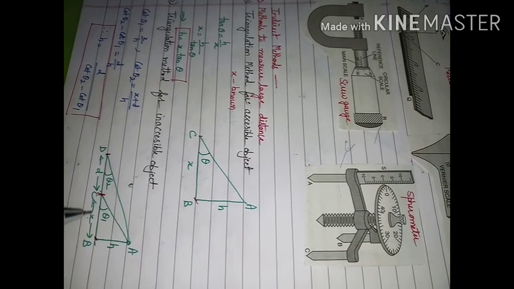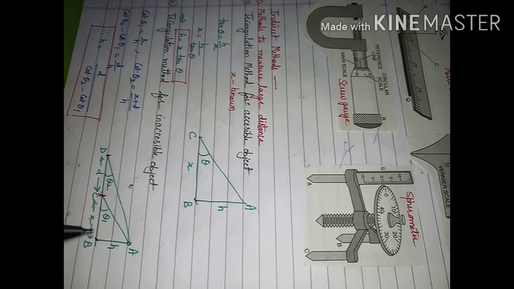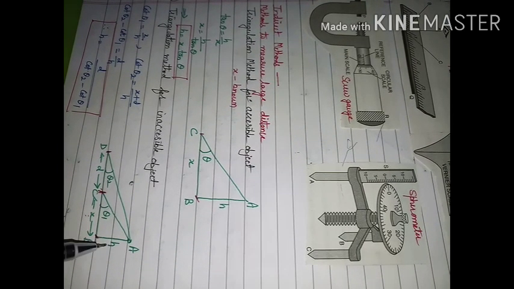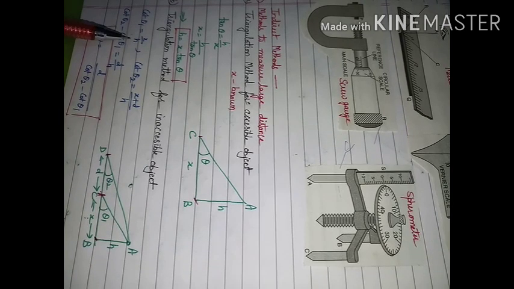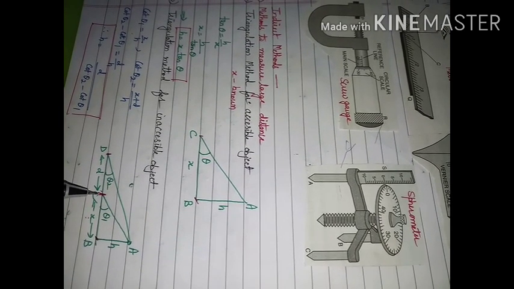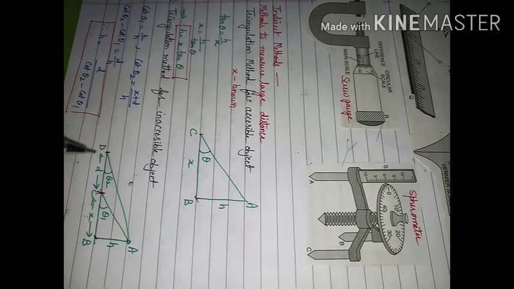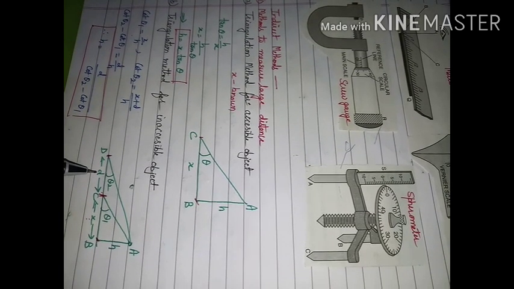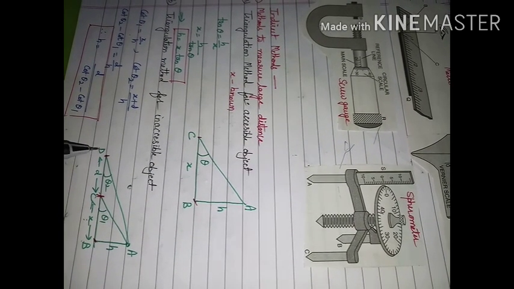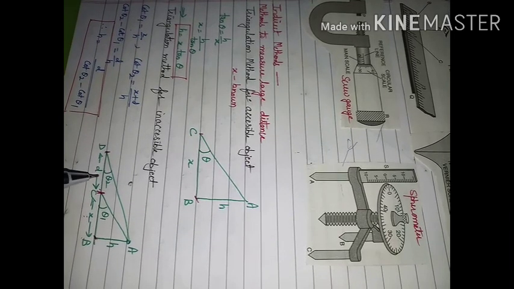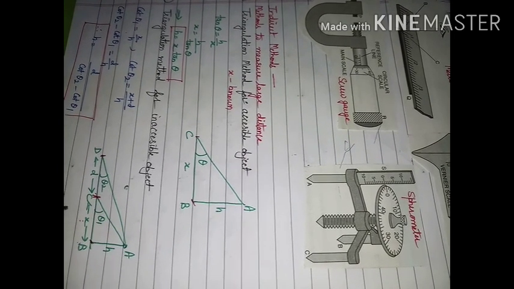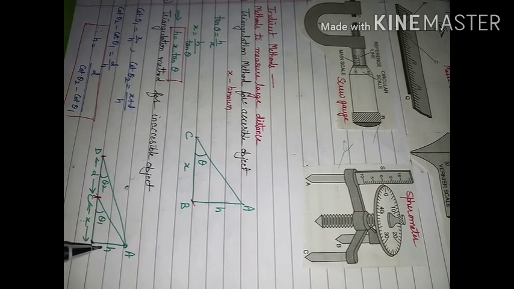So in this triangle, if we use cot theta 1, cot theta will be base upon perpendicular. So cot theta 1 will be x upon h. You are shifting from this point to point D at a distance small d. Then in this triangle ABD, find out cot theta 2. Cot theta 2 will be x plus d divided by h.